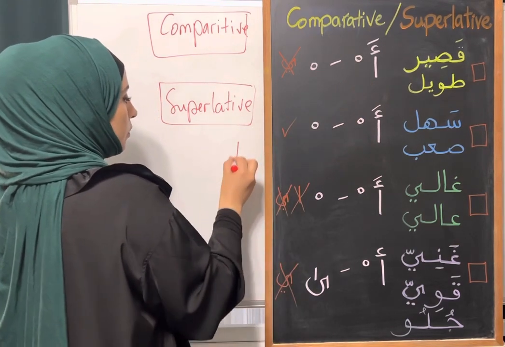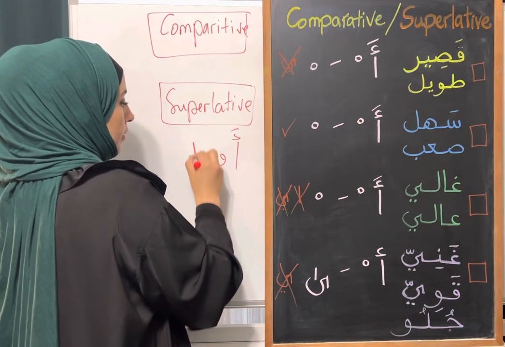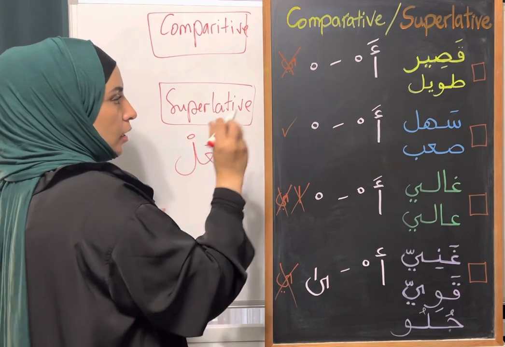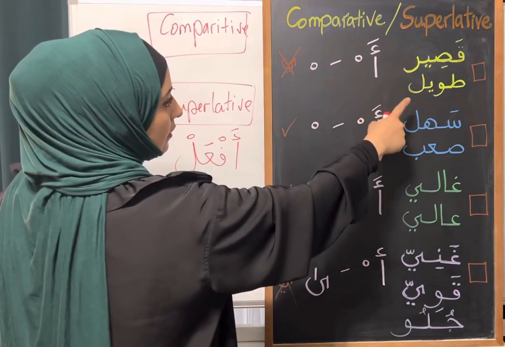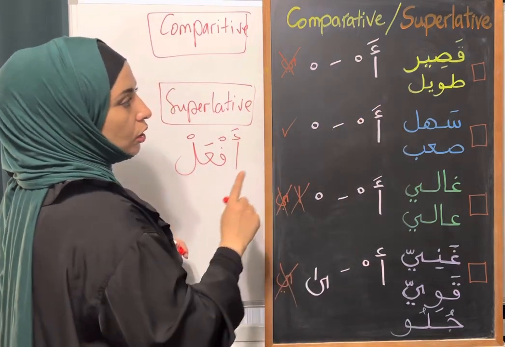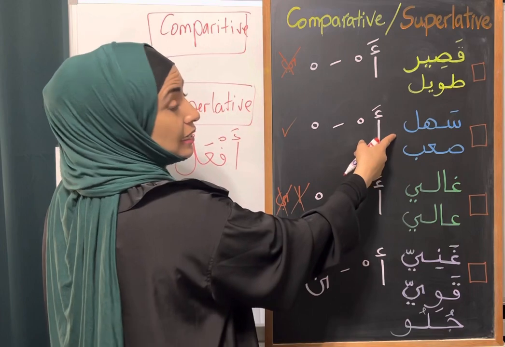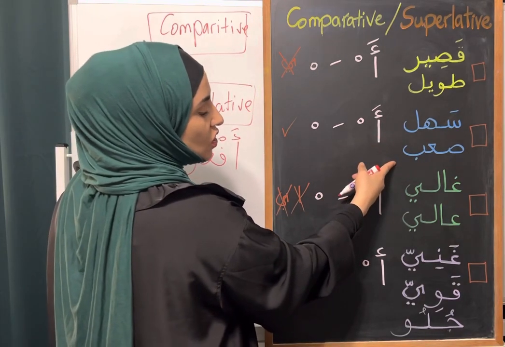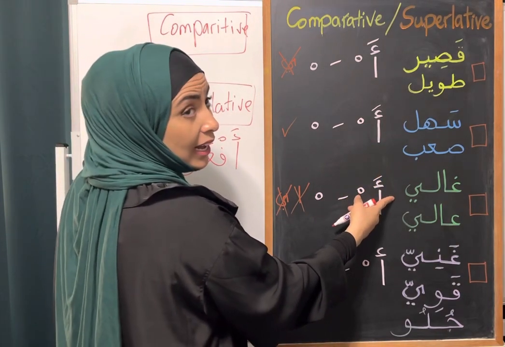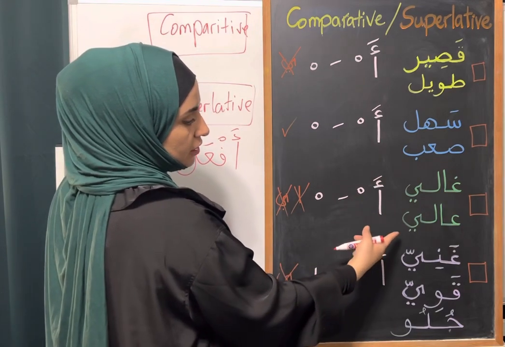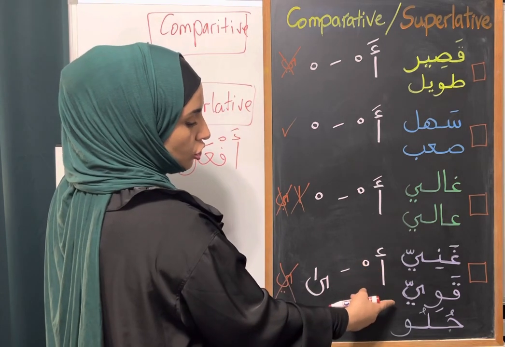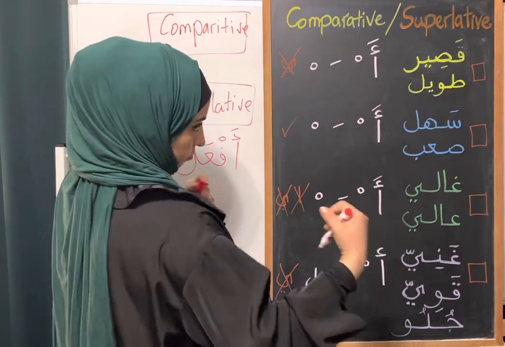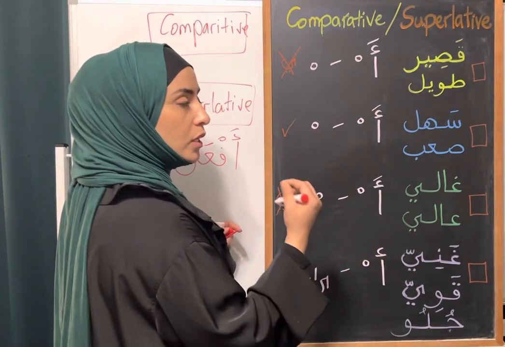So the pattern would be أفعال. The categories that would follow this pattern are طويل, tall, قصير, short, سهل, easy, صعب, difficult, غالي, expensive, عالي, high, غني, rich, قوي, strong, and حلو, sweet.